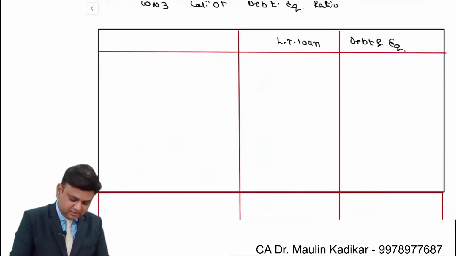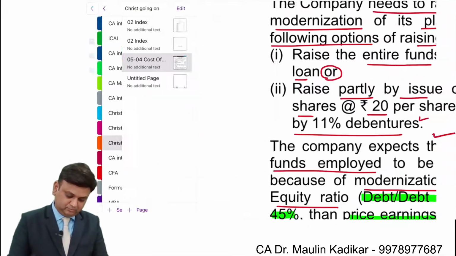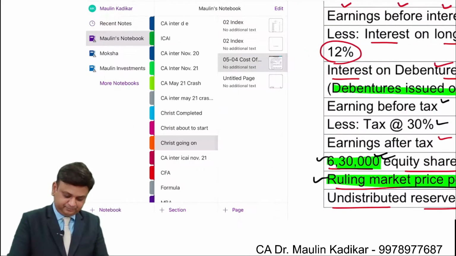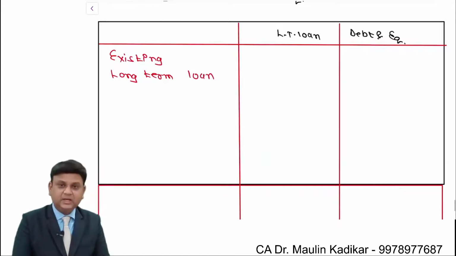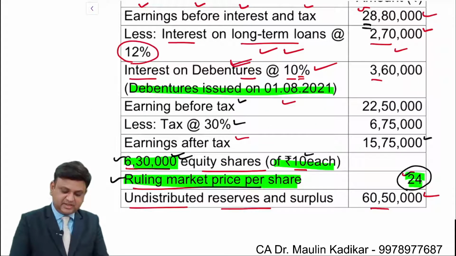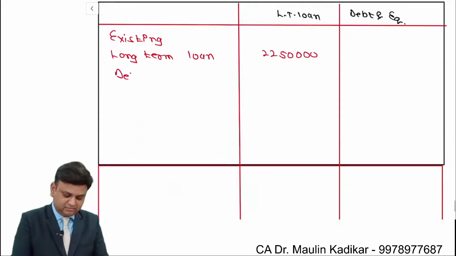We understand the existing financing is going to remain the same. The existing long-term loan we have is an amount of 22,50,000. Then the existing debentures that we have, I think, are 54 lakhs.